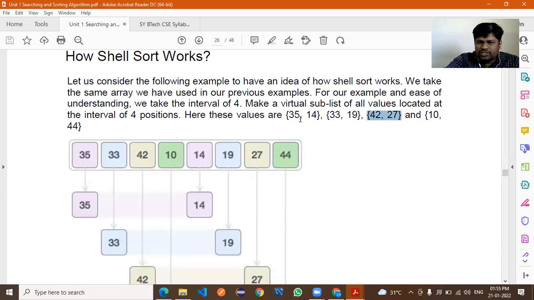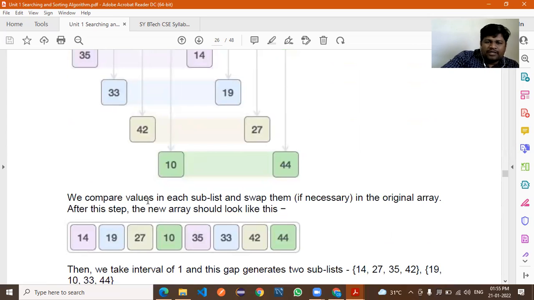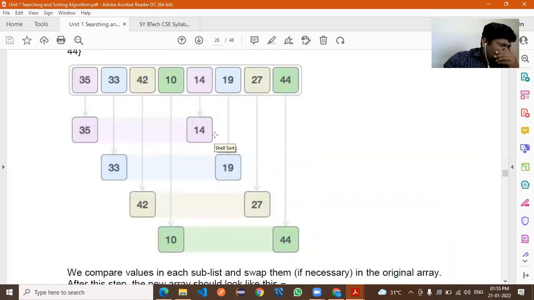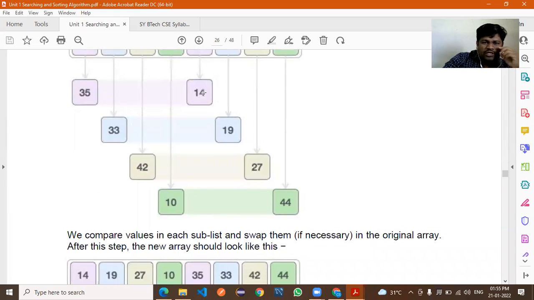Now after that, we compare the values in each sublist and, if necessary, swap them in the original array. Now 14 is swapped with 35. Why? Because 14 is smaller than 35, right?